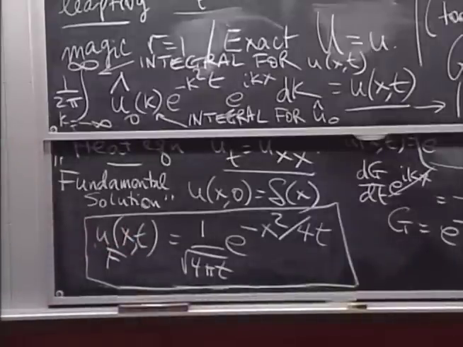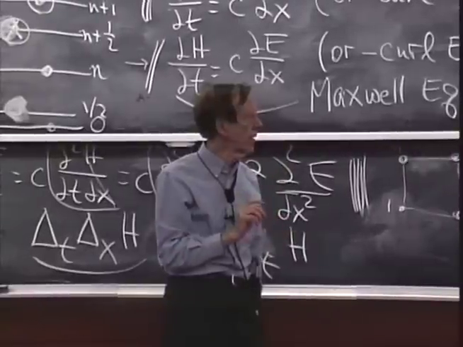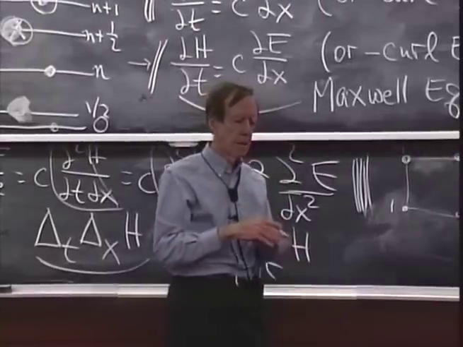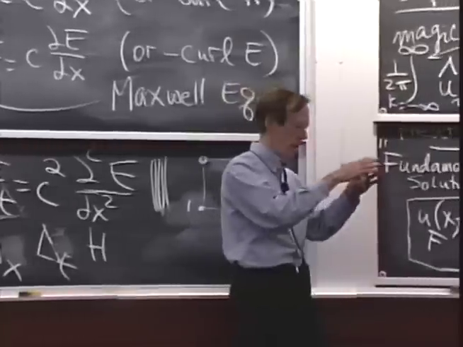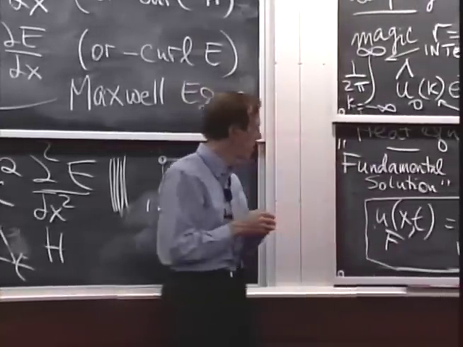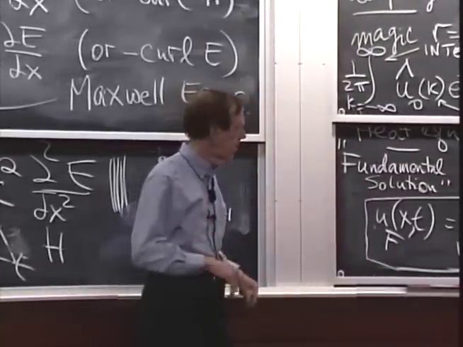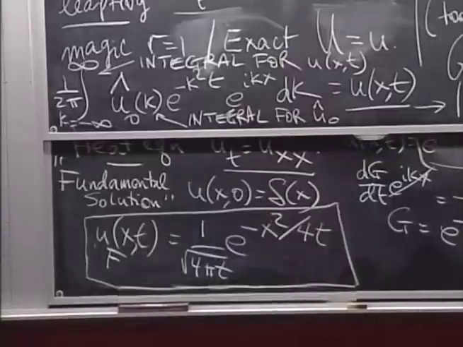So we learn that the solution to the heat equation coming from a point source is a bell-shaped Gaussian curve that gets wider and wider as t increases. But I guess you would want to see, well, what happens as t comes down to 0?